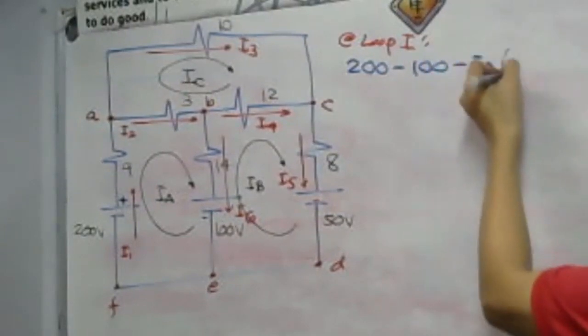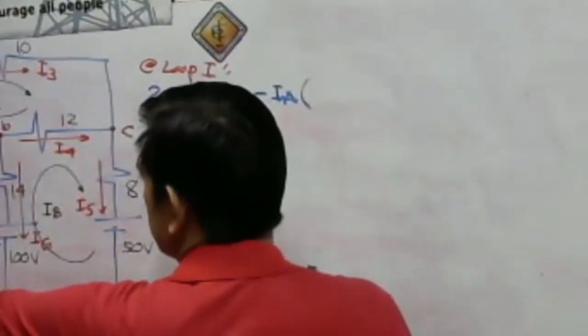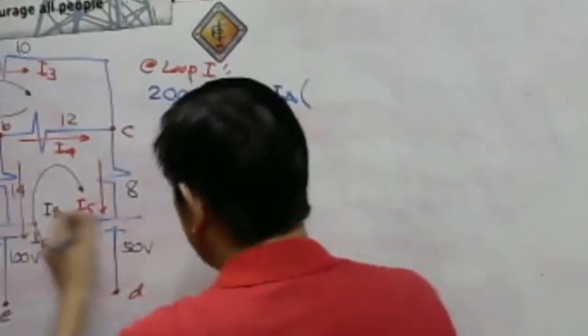IA multiplied by the loop resistances, which is 9 plus 3 plus 14.